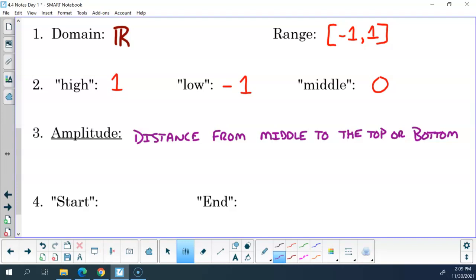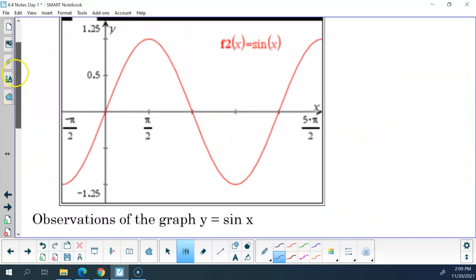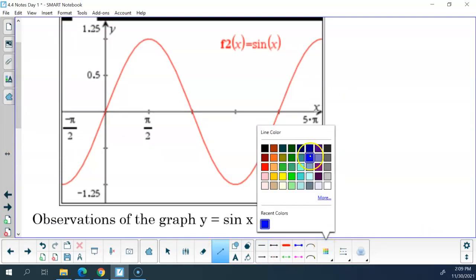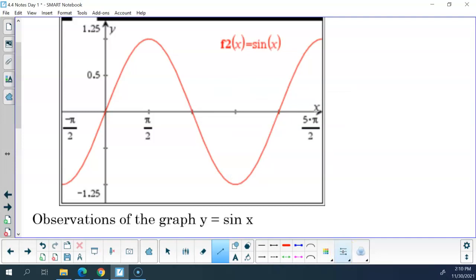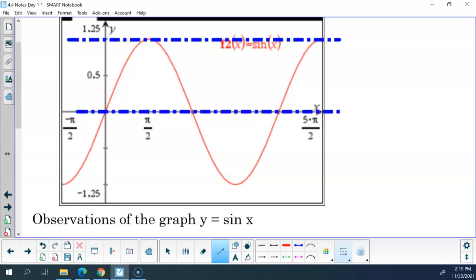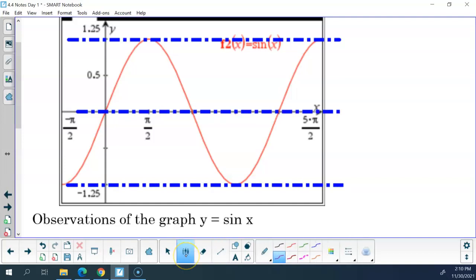Okay? I'm going to go back up to my graph here now. We'll come right back to this. First off, I'm going to put a couple of lines on here. So this is my top, my middle, and my bottom, or my low, I should say.